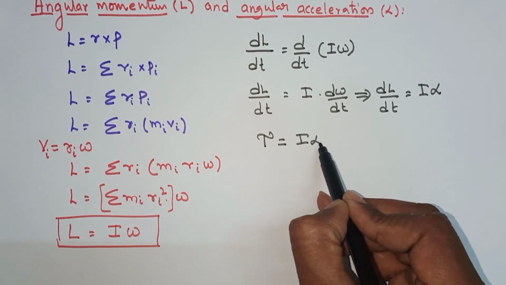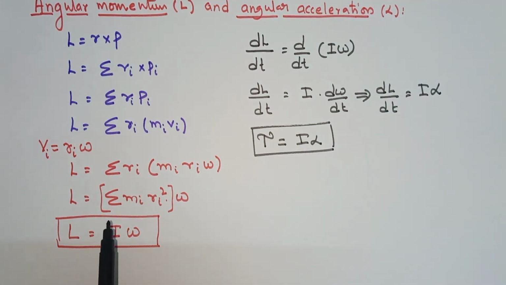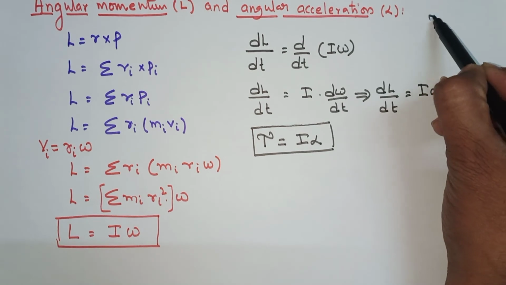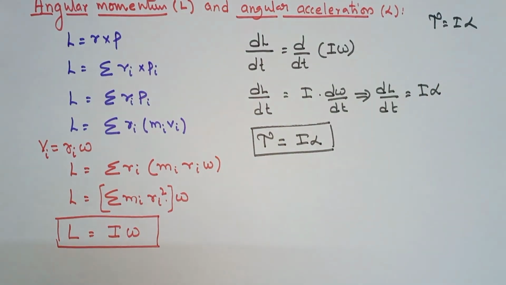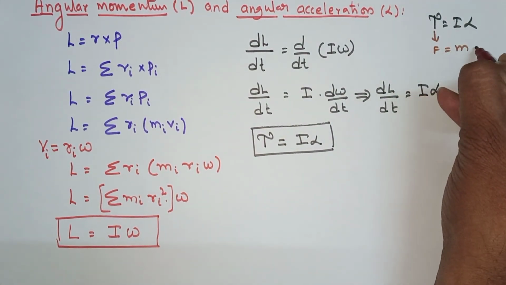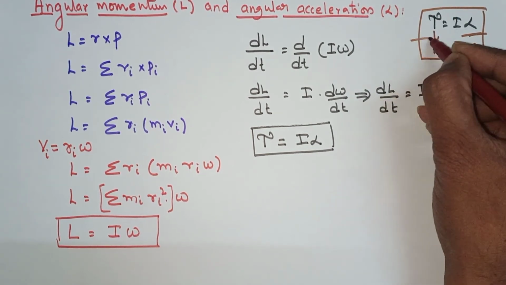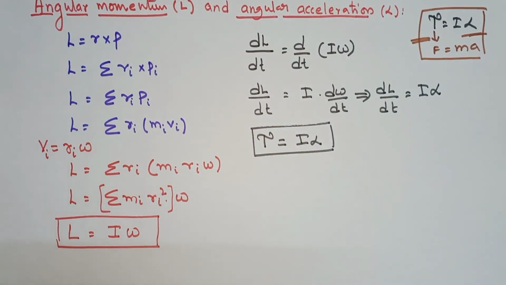Tau is equal to I alpha. Imagine tau is equal to I alpha means simply analogous to F is equal to M a. So tau is equal to I alpha. We shall solve some problems also.